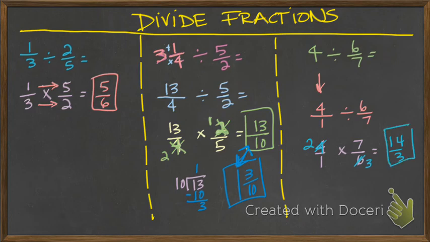Again, though, you might notice that the numerator is bigger than the denominator, so we can simplify that back to a mixed fraction. 14 divided by 3 is just saying how many times does 3 go into 14? 3 goes into 14 4 times.